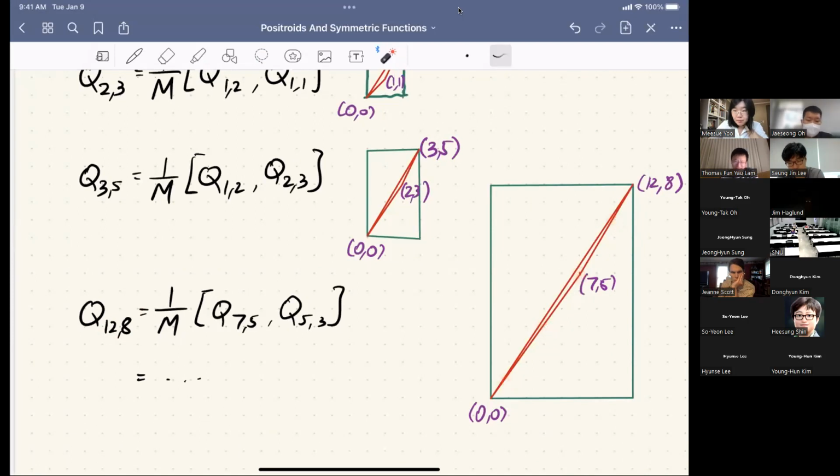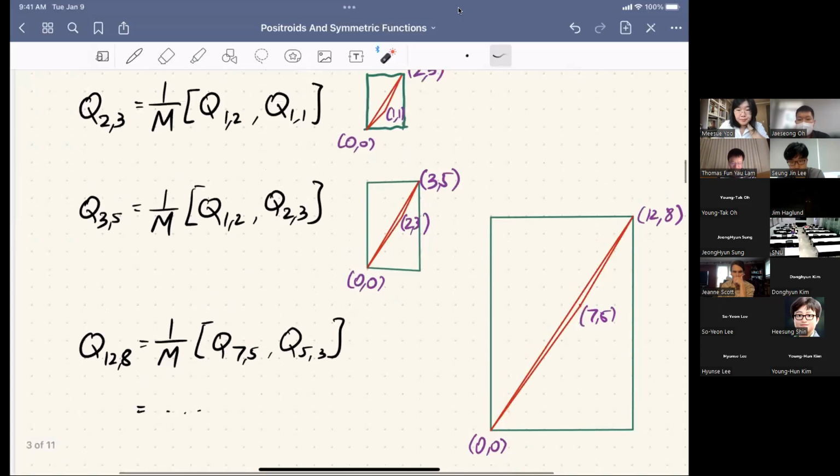Part of the theorem is you can take any one of those. So I chose this one, and this is true, but if I picked another one, I would get another true formula for Q sub 12,8. And this defines Q sub a,b for a and b both positive integers, if you repeat this procedure, and the theorem is that it's well defined. Okay, any questions?